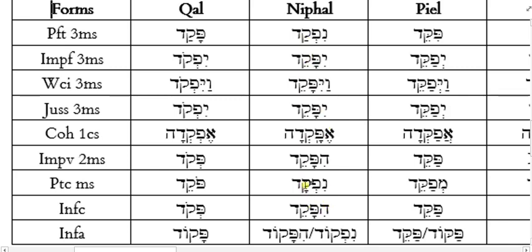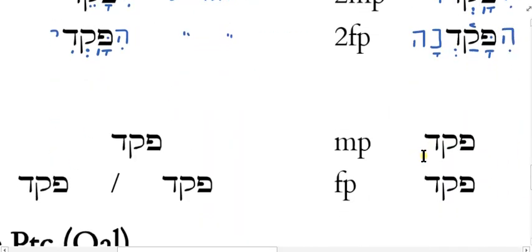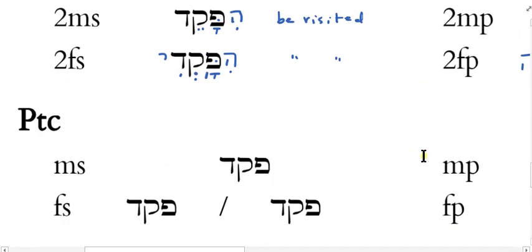This is a short A. The participle gets a long A. I want to tell you something about that A. That long A is irreducibly long. Okay? So the Niphal participle is going to be nifkad.